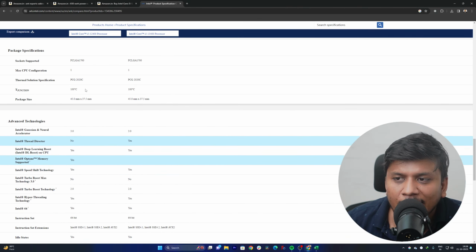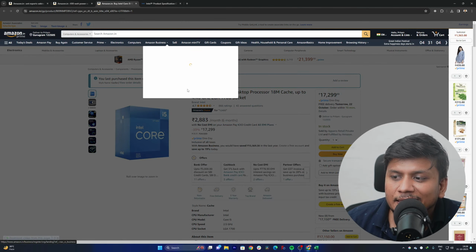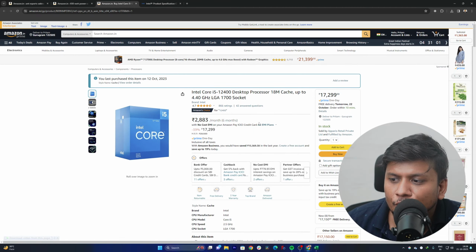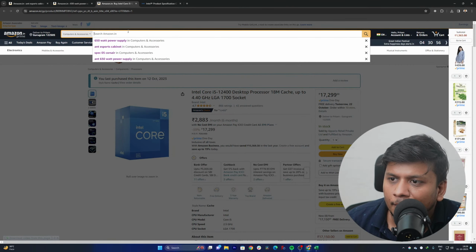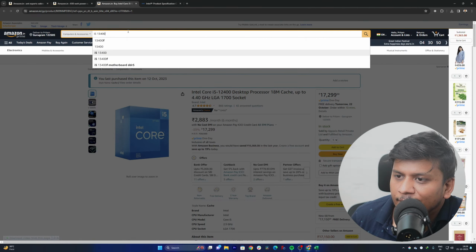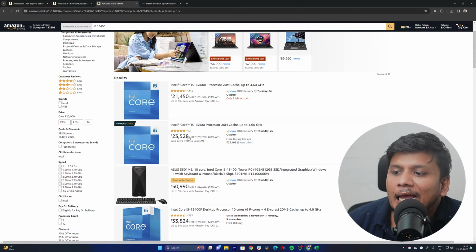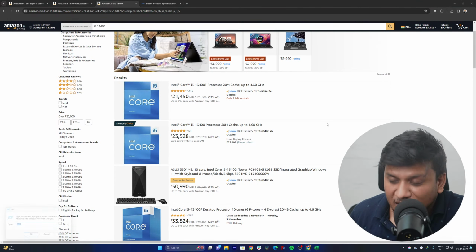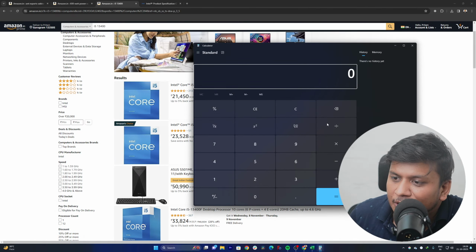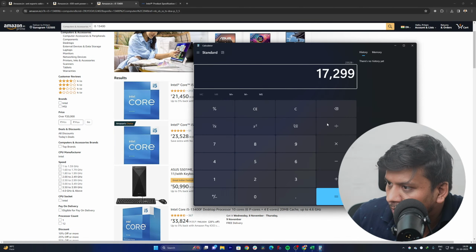And the price gap, if I talk about it, let's say here, this 12th generation is available for 17,300, although I'm definitely sure that you can get a discount by applying some coupons there. But let's have a look at the price of the Core i5-13400. This one is available at 23,523, which is crazy high, guys. 23,526, and then you subtract 17,299, something like this.